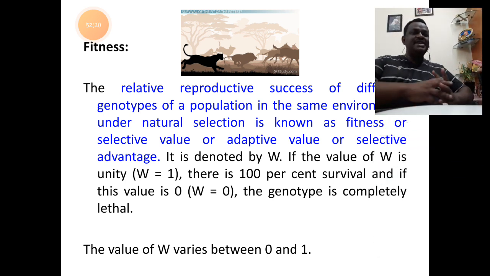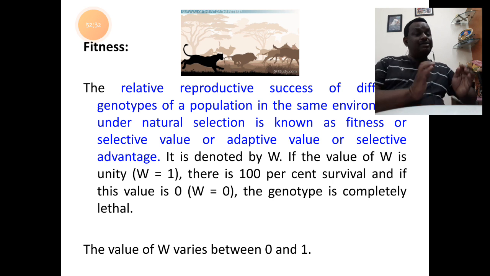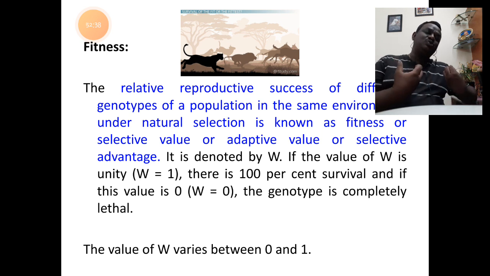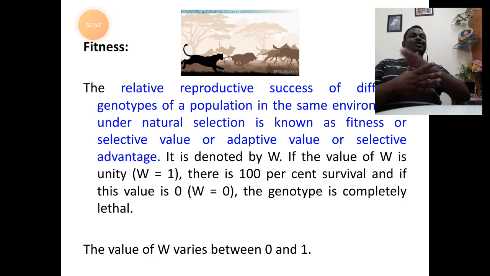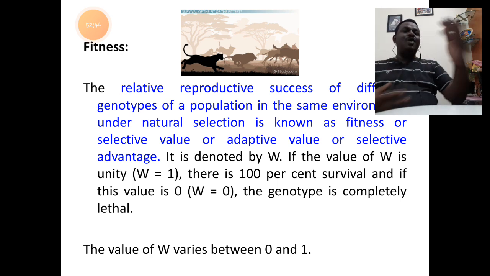Capital W is the fitness representation. When the value of W is equal to 1, then 100% survival is seen. When the fitness value is 0, the genotype is totally lost. So always the value ranges between 0 and 1 here.